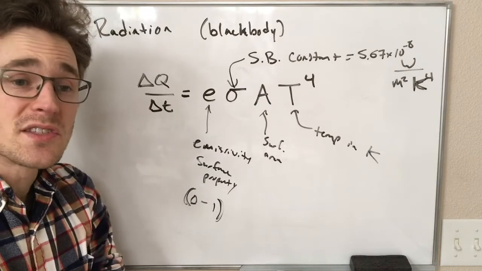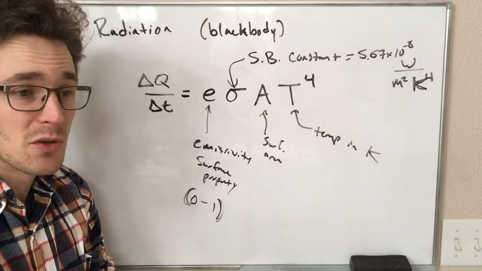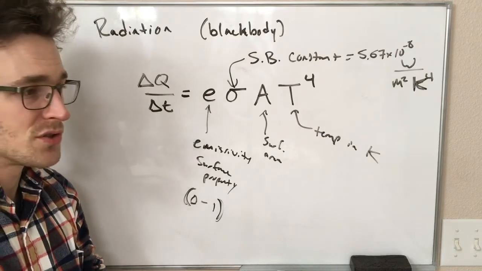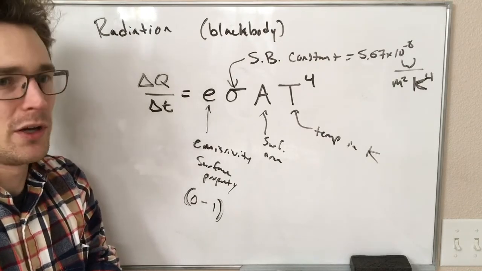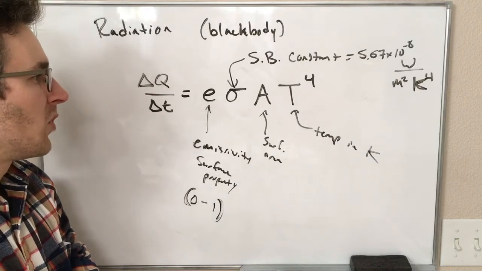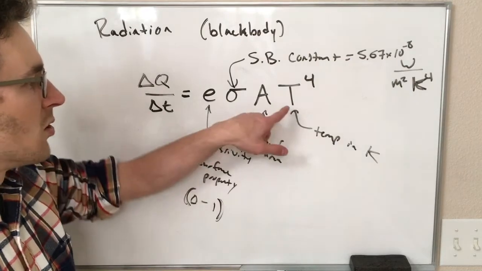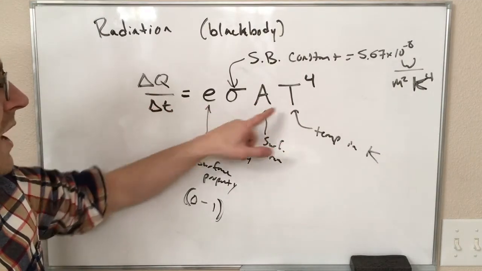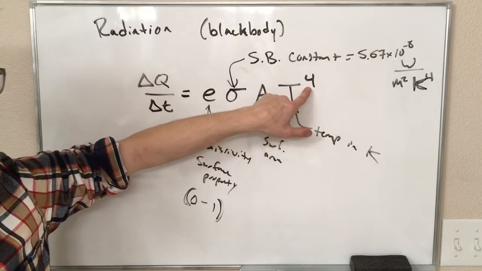If you double its temperature in Kelvin, increasing it from room temperature 300 Kelvin to 600 Kelvin, which is roughly 300 C, that's increasing our temperature by a factor of 2. So that's increasing our power by a factor of 2 to the fourth, which is 16.